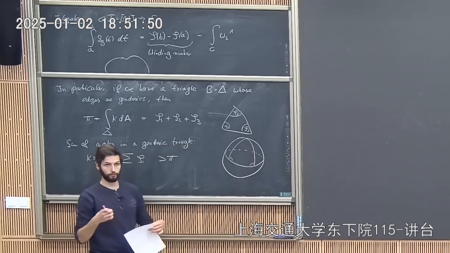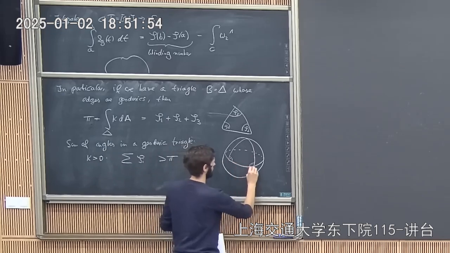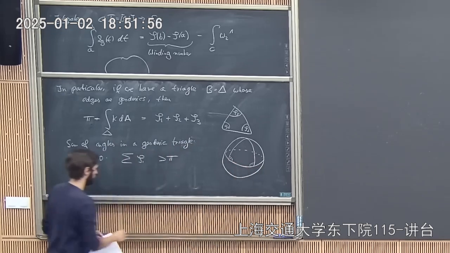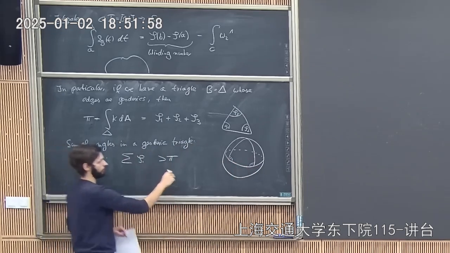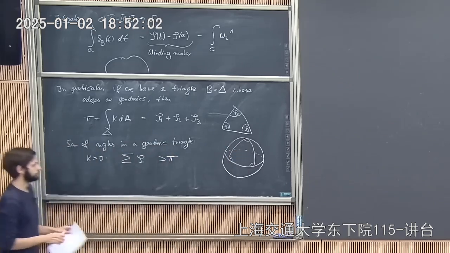So then we already have two angles which are 90 degrees. So that's already larger than pi. Then we have some angle over here.